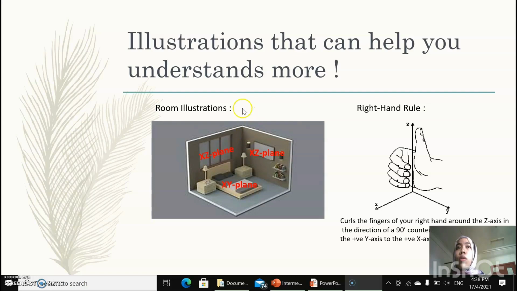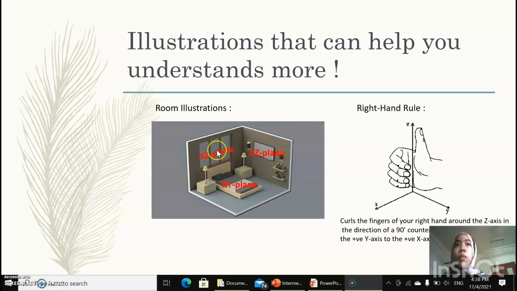Imagine that between the 2 walls is the z-axis, and between the wall and the floor are the x-axis and y-axis.